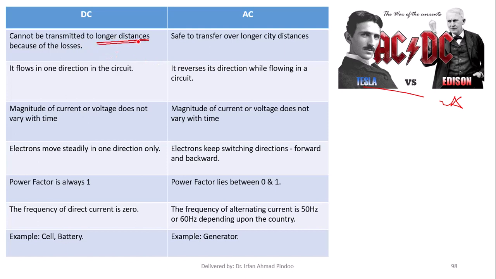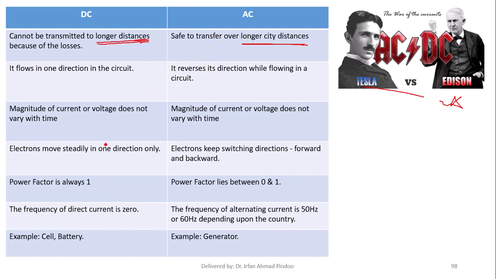As a result, he could only supply electricity to places very close to the transformers he had at that time. But once we had the advent of AC, it was possible to transfer it to longer distances, because there are very few I square R losses, and we had a transformer where we could step up and step down the voltages, and that made it possible to supply AC to larger distances.